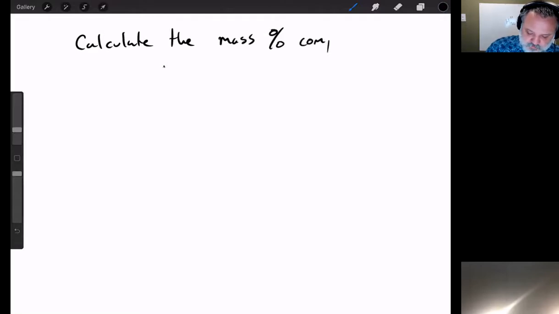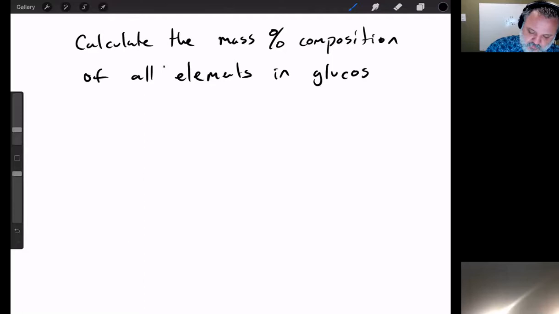So let's calculate the mass percent composition of all elements in glucose, which is C6H12O6.